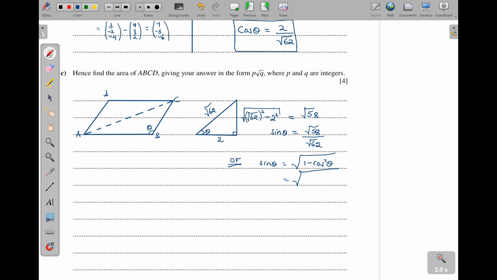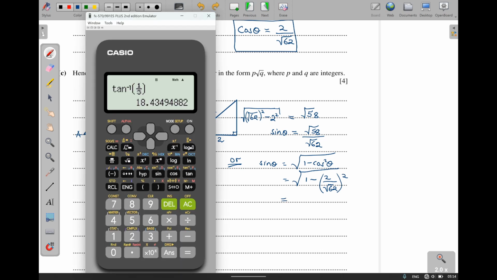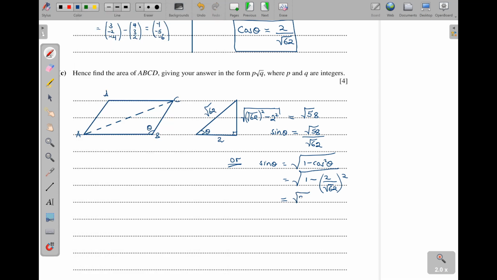So I have the square root of 1 minus, cos is 2 over root of 62, squared. When we put this in the calculator, we get the square root of 899 over 31.